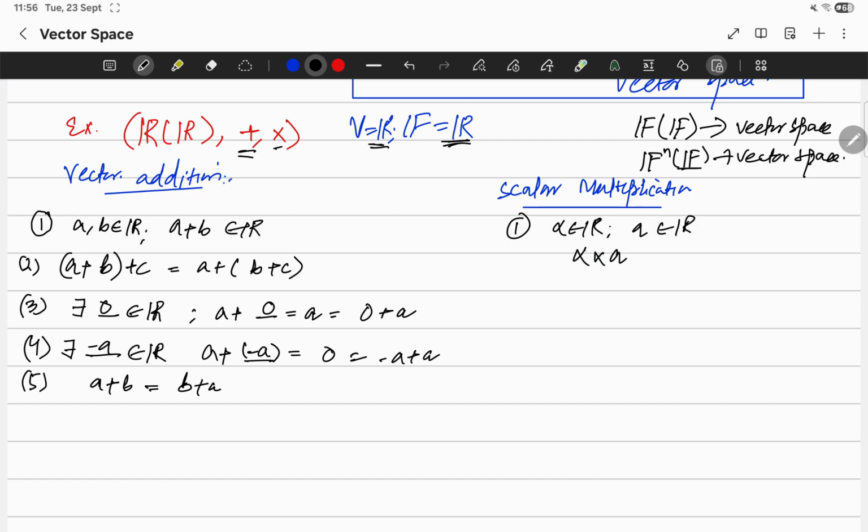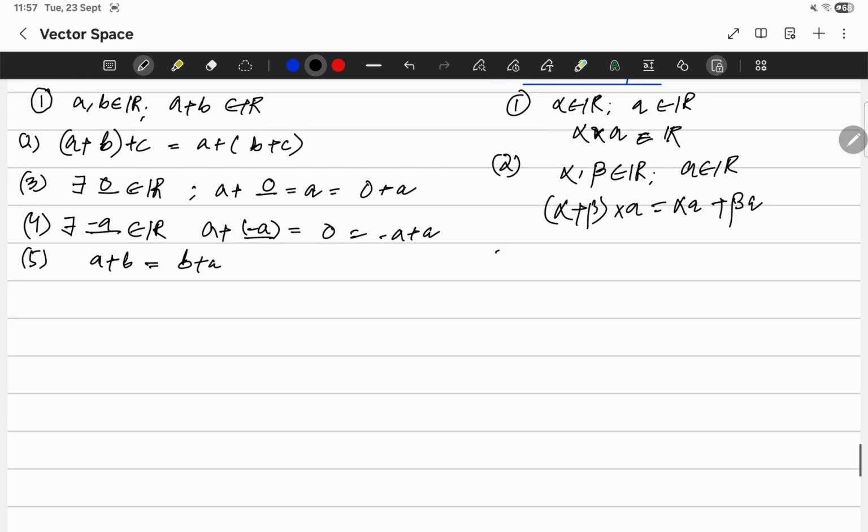Take the second operation, multiplication of two real numbers is again a real number. Second, take any real number alpha, take any real number beta from R, take any vector A, then alpha plus beta times A should be alpha A plus beta A, because it is distributive, because R is a field.